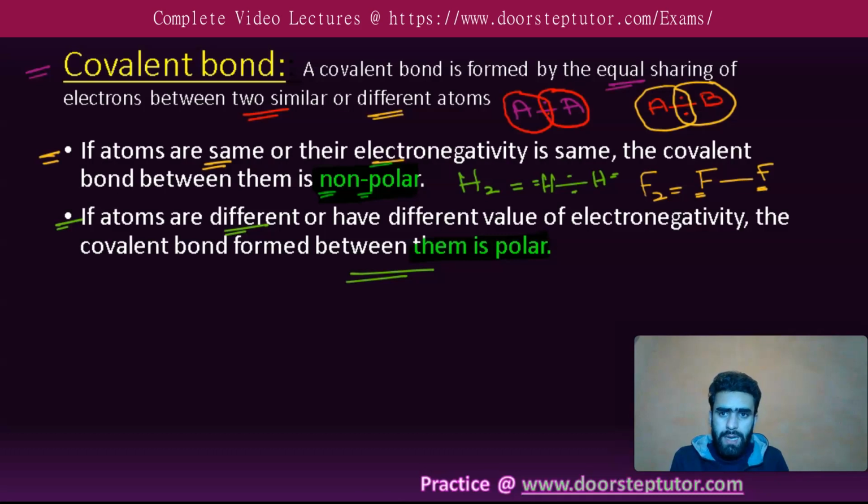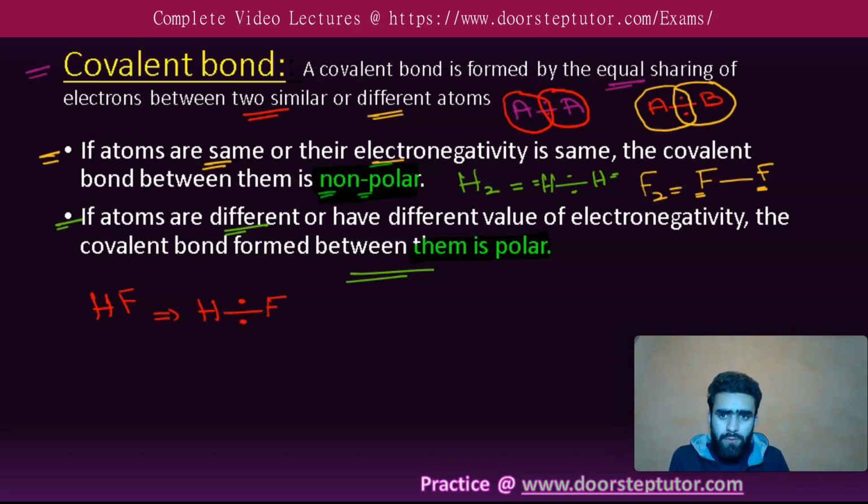Now let us understand this with the HF molecule. H and F, the covalent bond formed between hydrogen and fluorine. This is formed by two electrons.